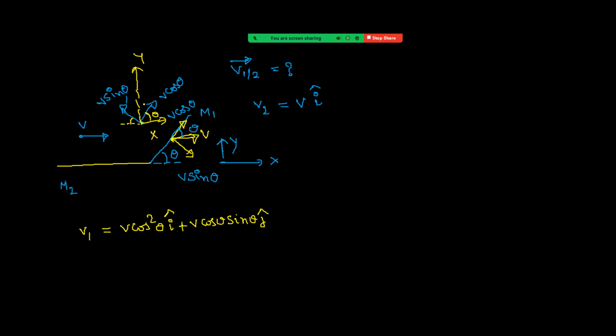When this is 90 minus theta, this will be theta. Cross check once. v cos theta makes angle theta with the x-axis, so with the y-axis 90 minus theta. Now these two are mutually perpendicular. When this is 90 minus theta, this is theta.